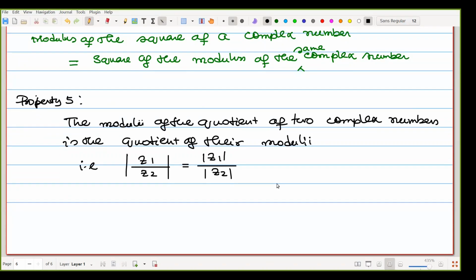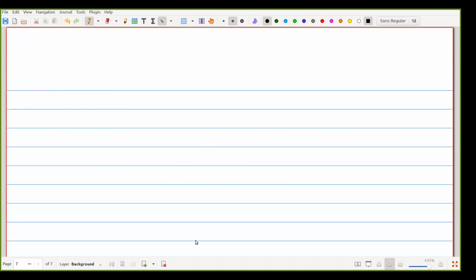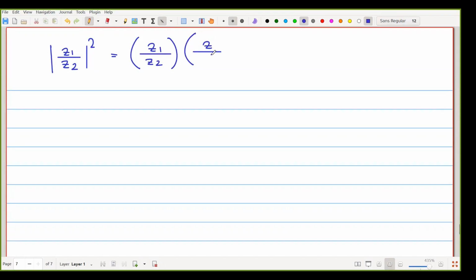If we want to prove it, we can write modulus of z1 by z2 its square is equal to, same as we have already done, z1 by z2 into its complete conjugate.